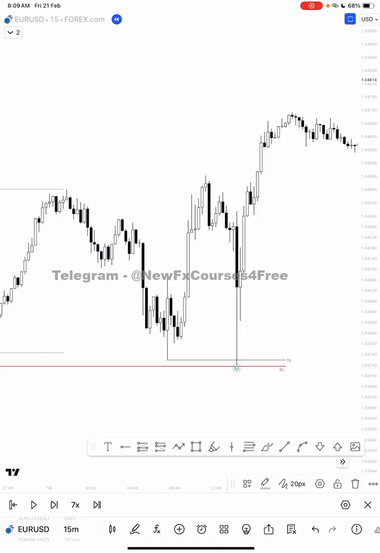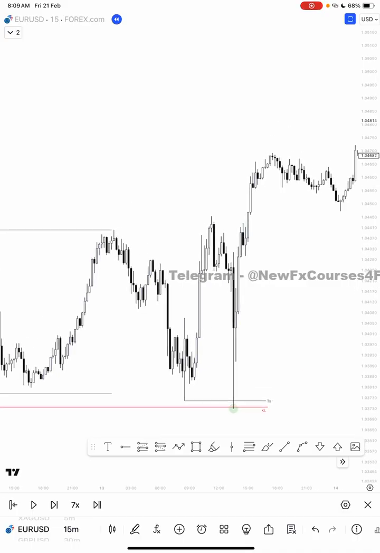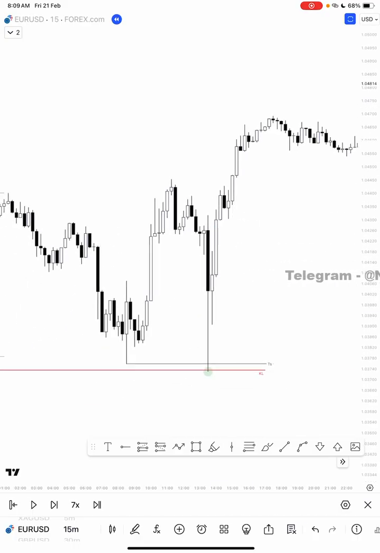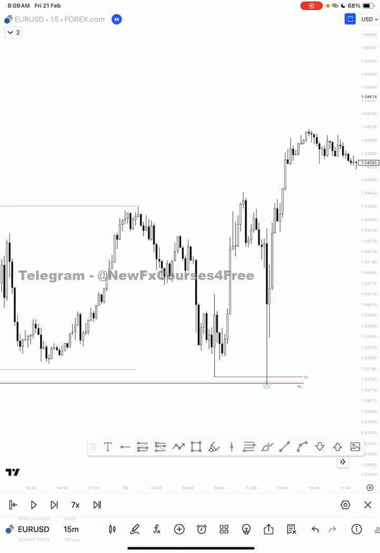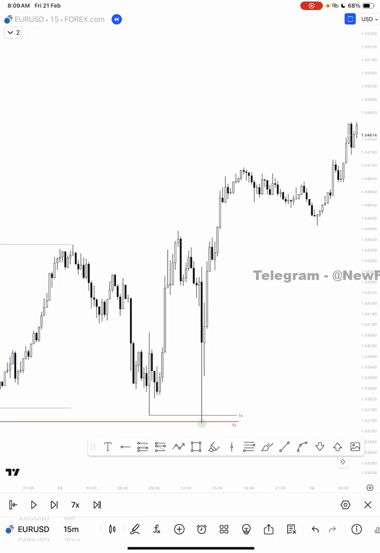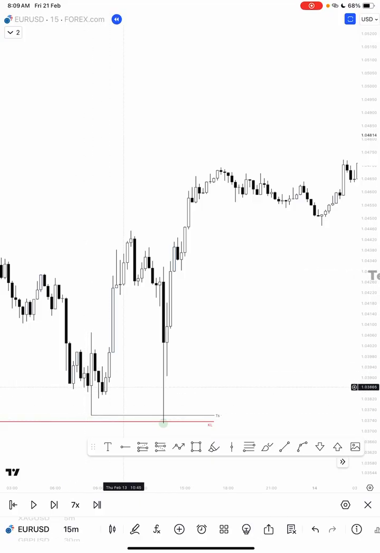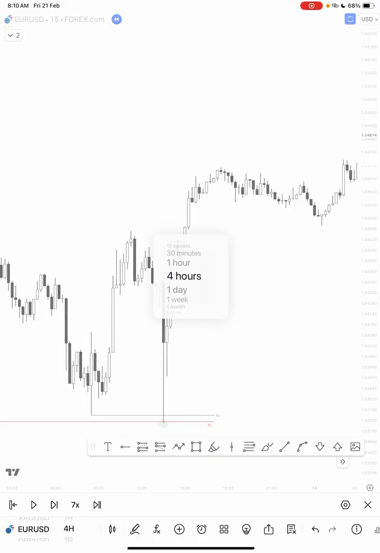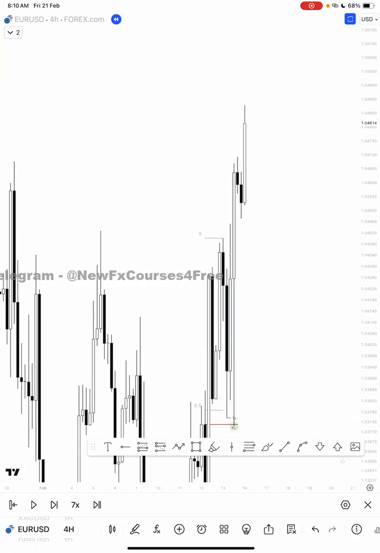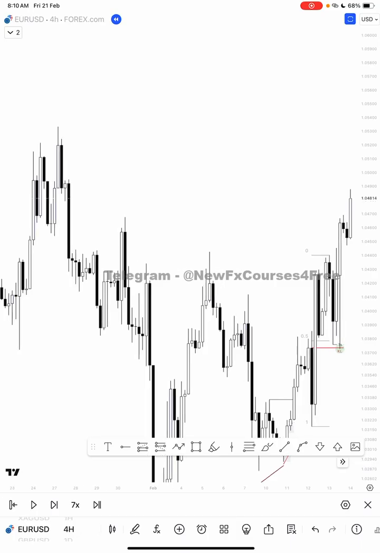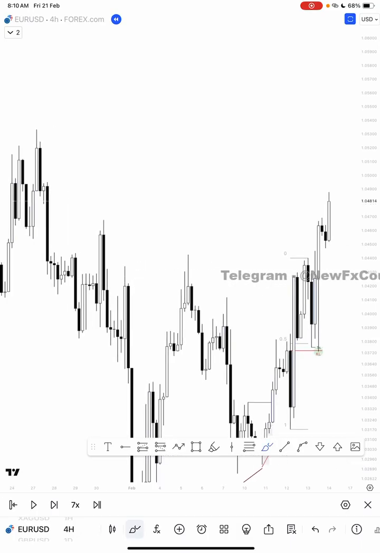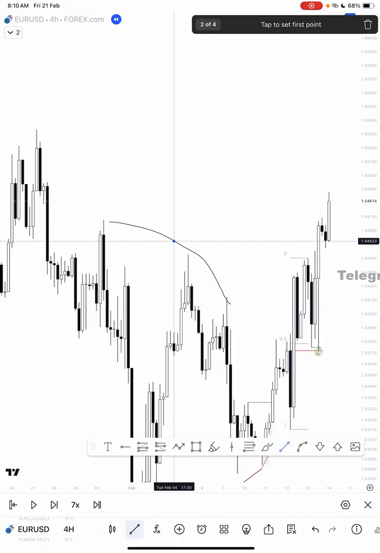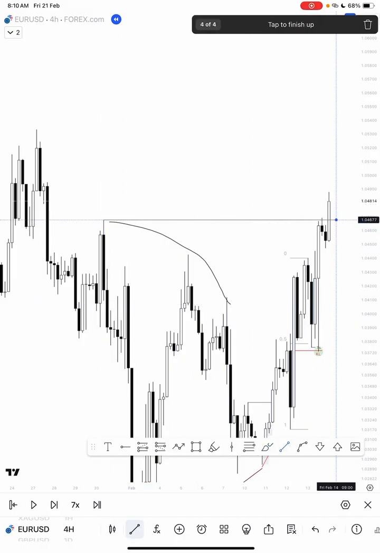So the news actually acted as a catalyst and just manipulated it, but did not actually take USD lower. So here, manipulation of news before expanding higher, sweeping this low here. So that's the last total soup before our first draw on liquidity was actually met here, this high.